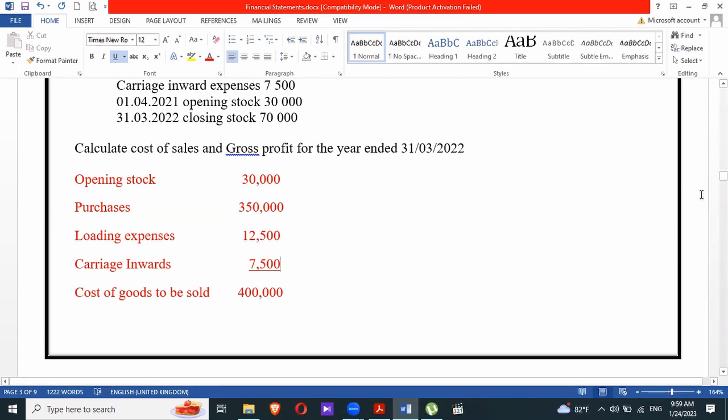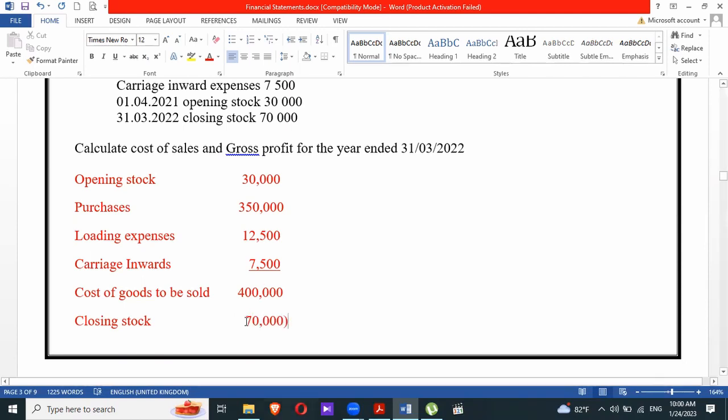I told you from this, if you deduct closing stock, then you can take the answer for the cost of sales, right? So let's deduct closing stock from this. Value of the closing stock given as 70,000. You have to deduct, right?